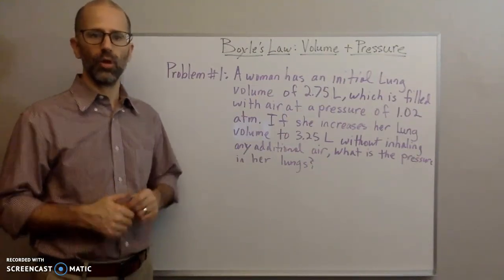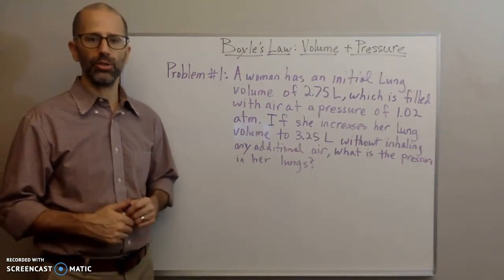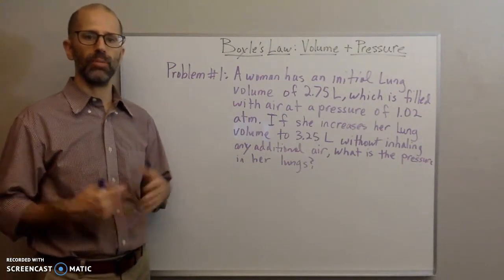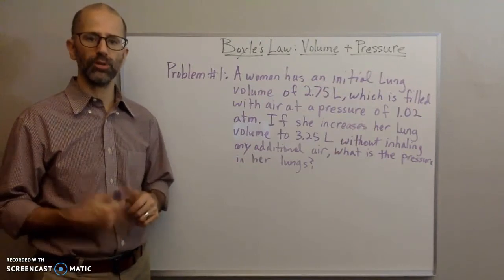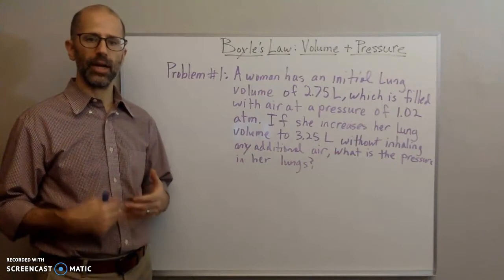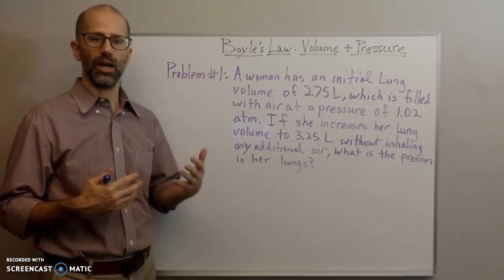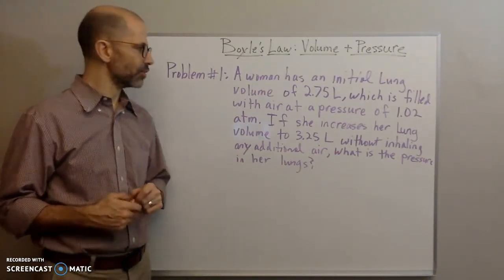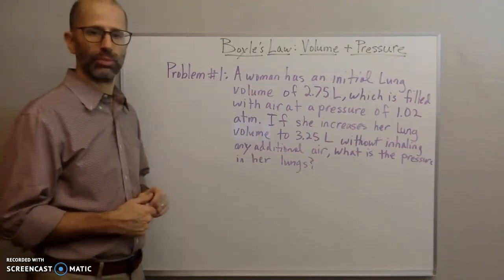I am Mr. Kovold and today we're going to talk about Boyle's Law, but we're going to apply Boyle's Law to solve a problem. So again, Boyle's Law is the relationship between volume and pressure, and so we're going to use that to try to solve this problem.